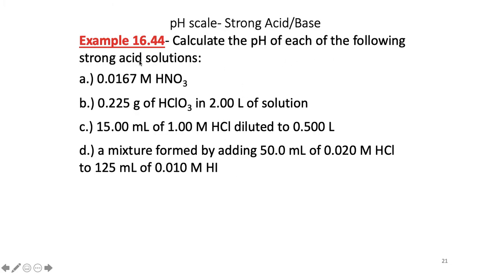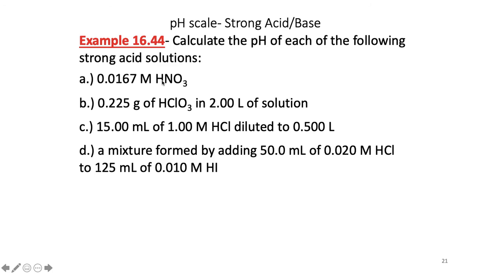Whenever you have a strong acid solution, the most important thing to keep in mind as you watch these problems, how I've done it, is that you assume complete dissociation, which means the initial molar concentration of your acid is going to be the same as your concentration of H3O plus in solution for all of these.